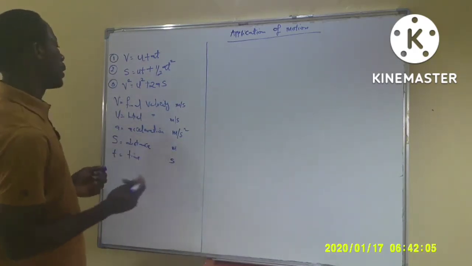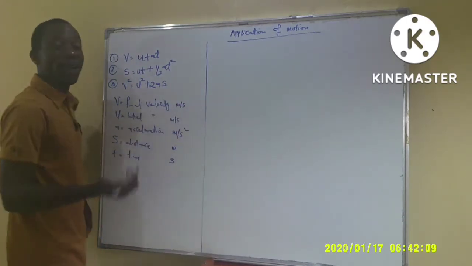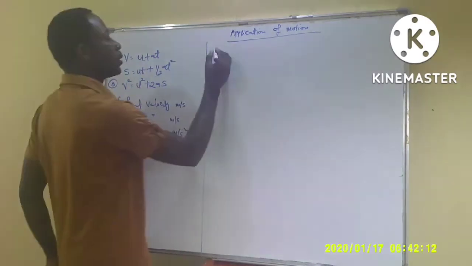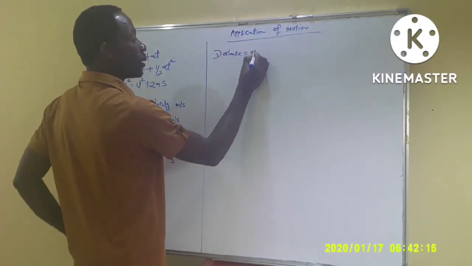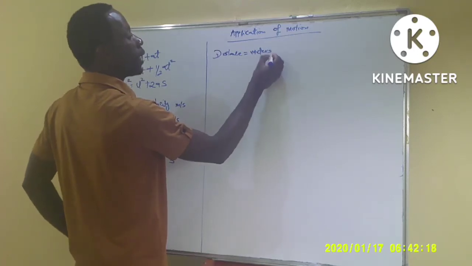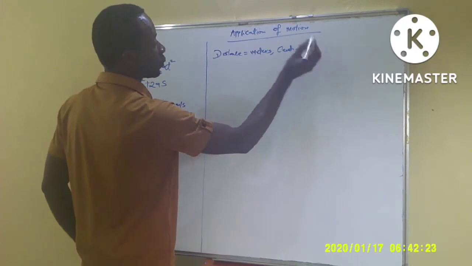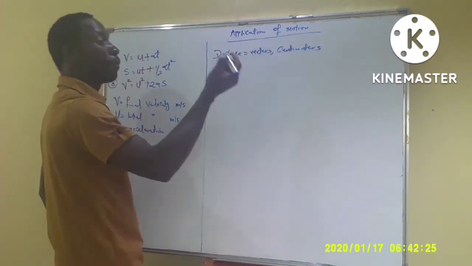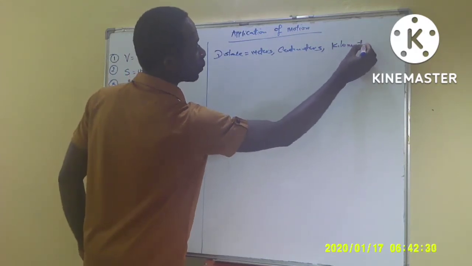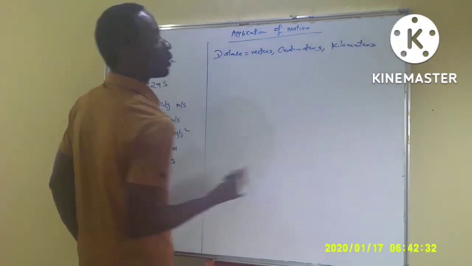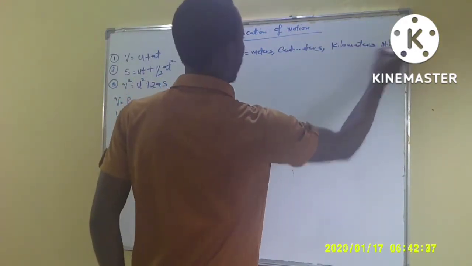You know, in this final velocity, meter per second, we have advanced units. At times, the distance can be measured in meters, in centimeters, in kilometers, or in miles.